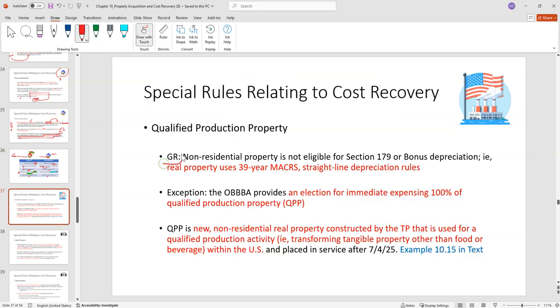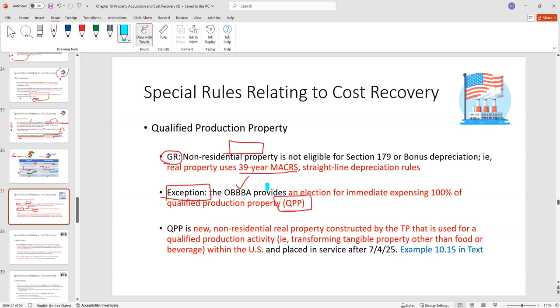So we said, right, kind of the general rule is non-residential property, right, like a warehouse, a building, you don't get to 179 or bonus that, right? You're probably going to do 39 years, MACRS, straight line, right? But we do have a recent exception, right, under the One Big Beautiful Bill Act where we have qualified production property, and it basically says this, right?